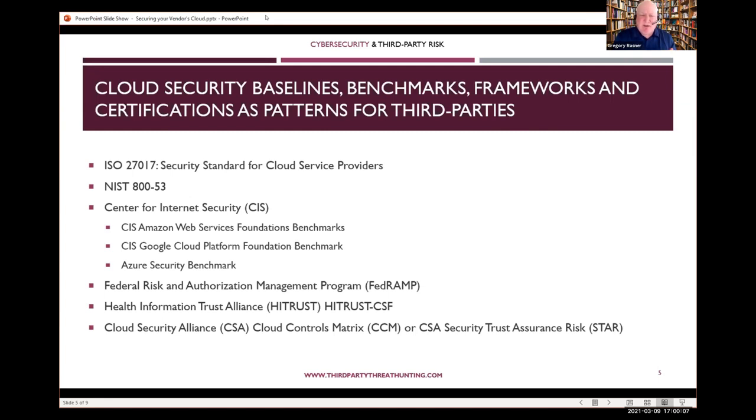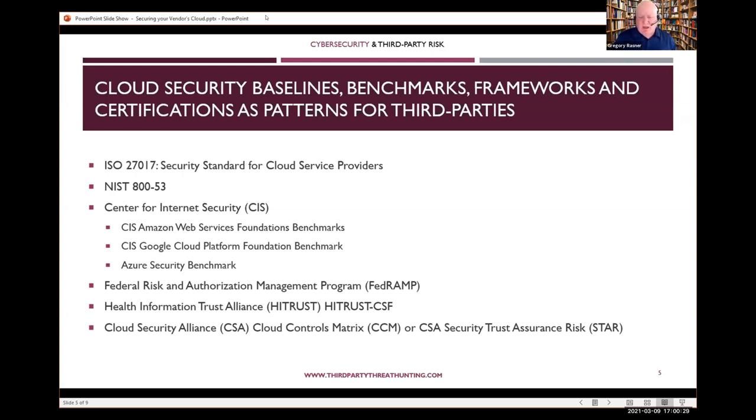But any of these items, depending on what your particular firm is most comfortable with, could be used, or others that you can then present to your vendor when you find out that they're going to be using a cloud service provider, to help them understand what you expect for security controls.